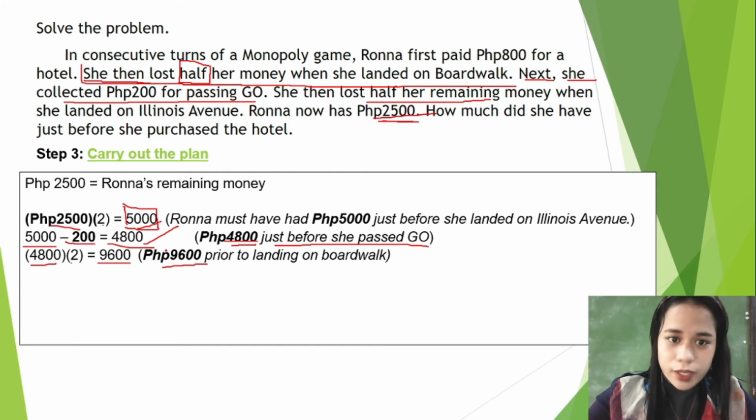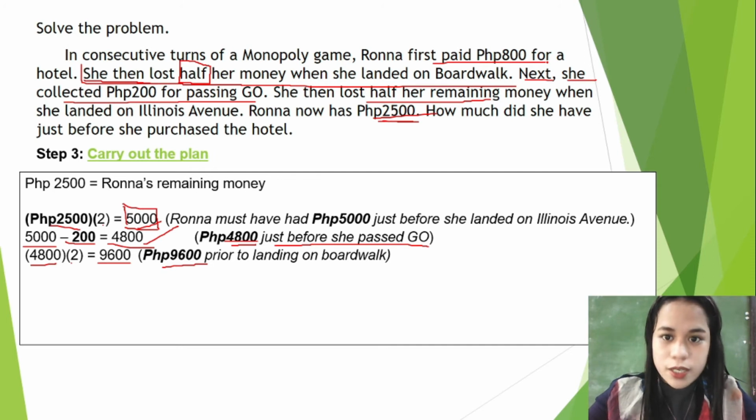Then, ilan ba yung original money niya before niya binayaran yung hotel, which is 800 pesos? Since nagbayad si Rona ng 800 pesos sa hotel, yung result na lang ng money niya is 9,600. So, from the original money na hindi pa natin alam, we subtract 800, so we come up with 9,600.